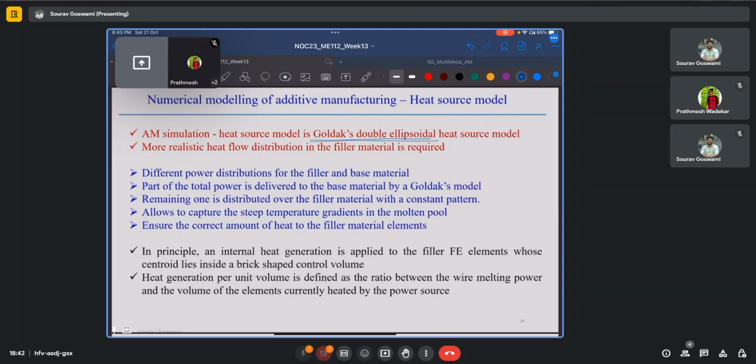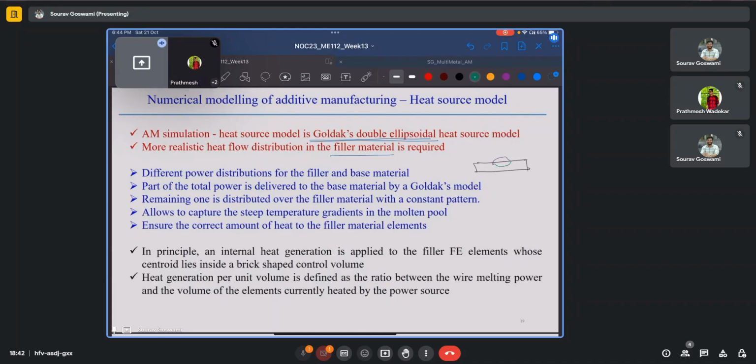And while this is a good approximation, more realistic heat flow distribution may need to be implemented, especially for the filler material. A way to do it is that we choose different power distributions across the base material and the filler material. So say you have a pre-deposited layer in which a melt pool is getting formed, and on top of it, you're also depositing some material.